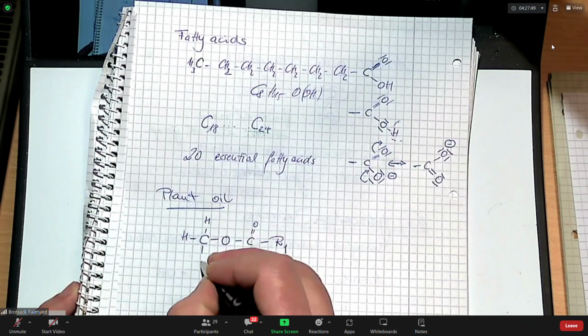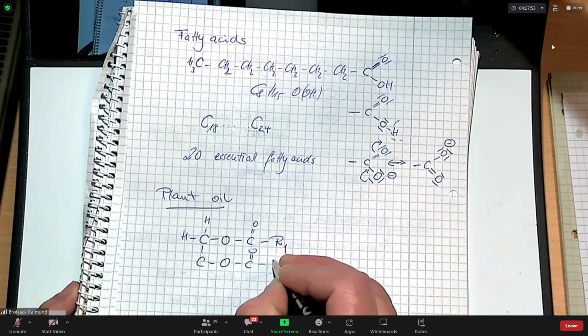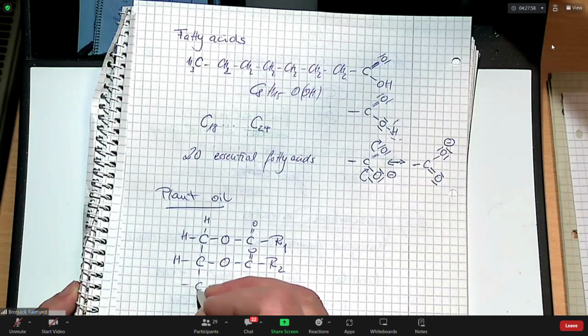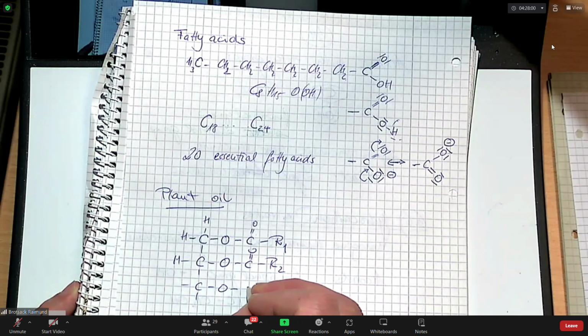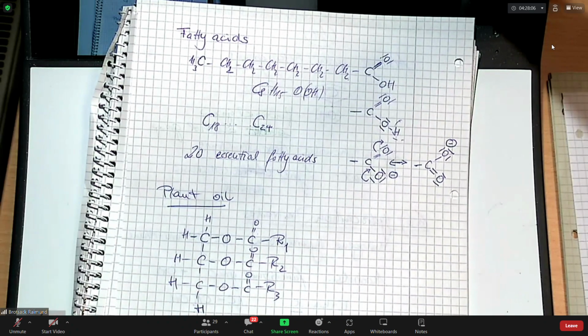O, C, O, and a long rest 2. And even here, O, C, O, and a long rest 3. You might see the structure of the threesome.